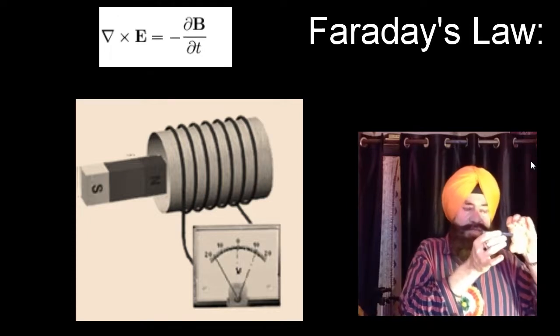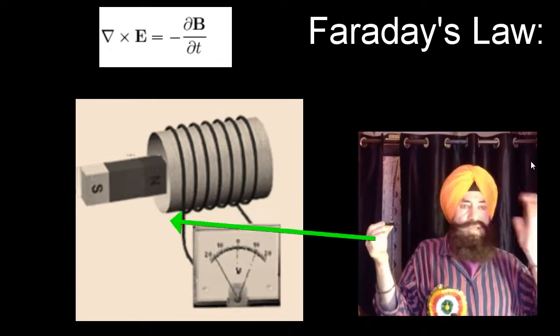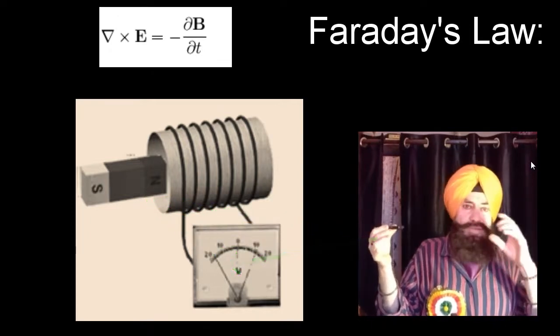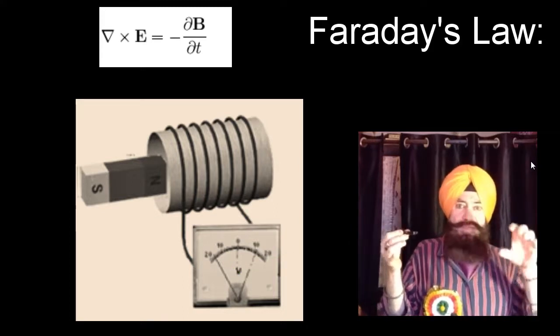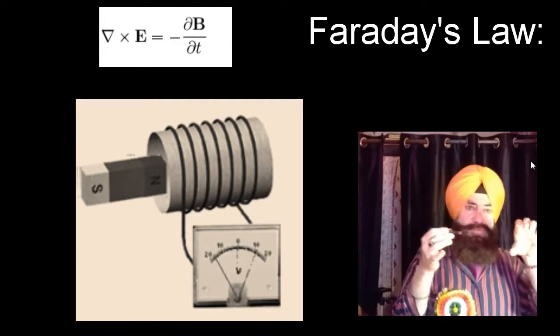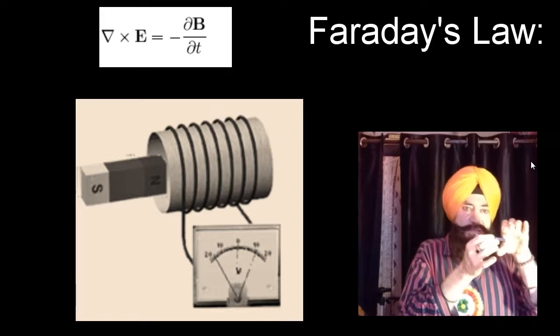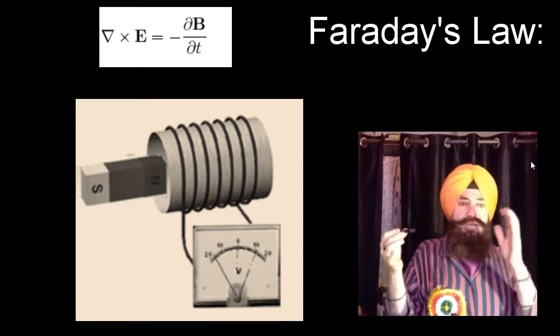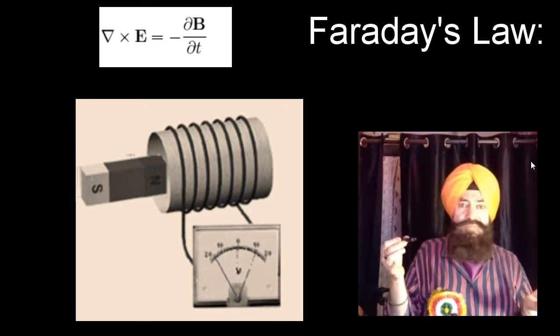When it is taken out, the deflection is towards the left-hand side. That means the induced EMF changes its direction when the magnet is moved towards the coil or taken away, then the direction of the induced EMF becomes reversed.